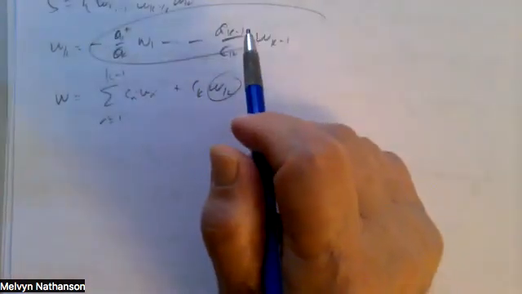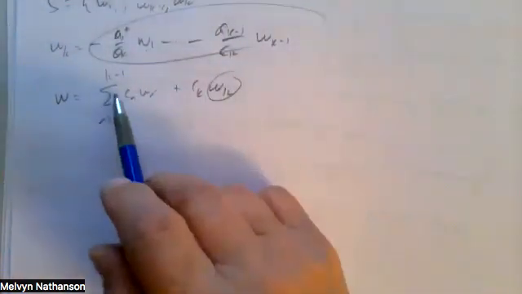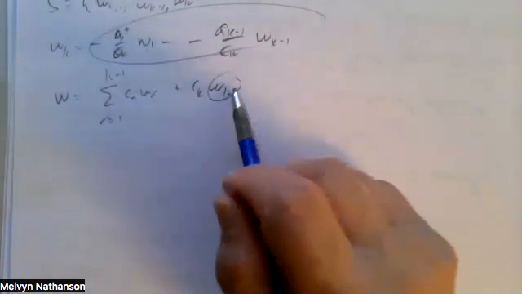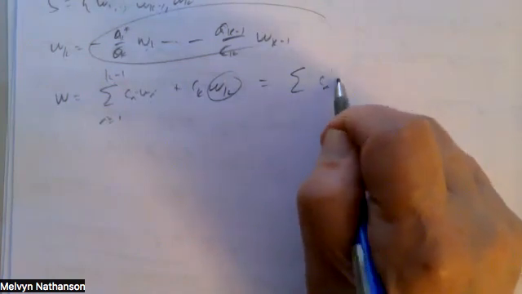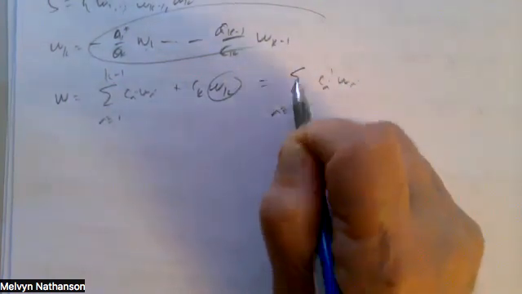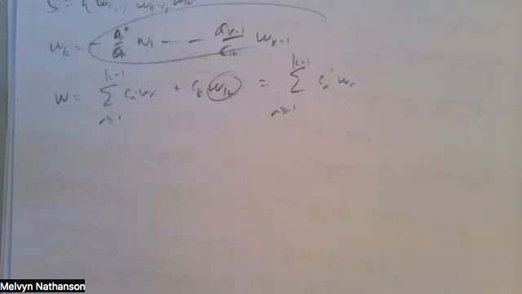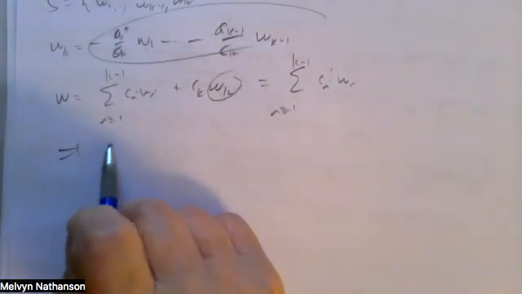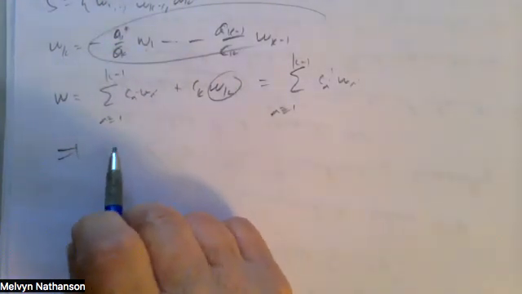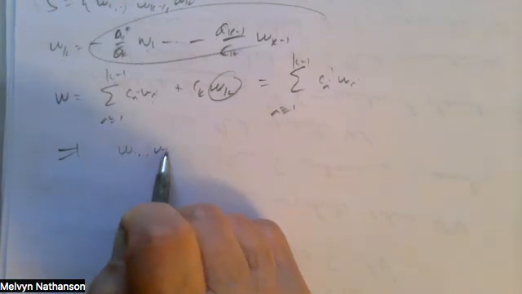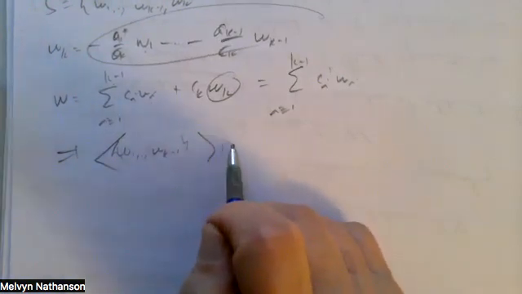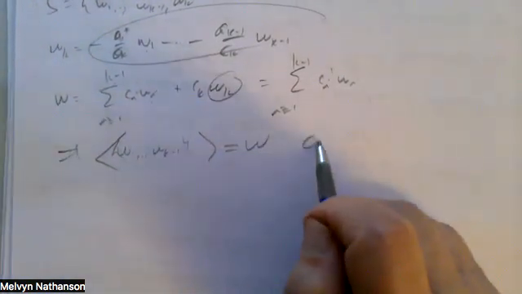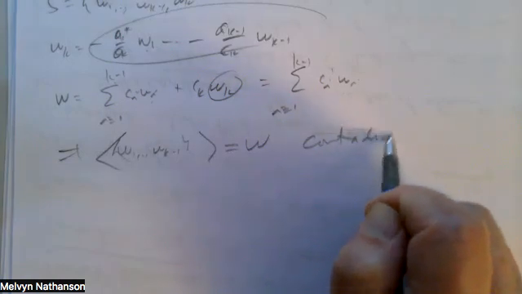And for Wk, I can substitute this expression. And so I only have the vectors W1 up to W(k-1) on the right-hand side. This is some summation ci prime Wi, i goes from 1 up to k minus 1, which means that the set consisting of W1 up to W(k-1) generates W, which is a contradiction.